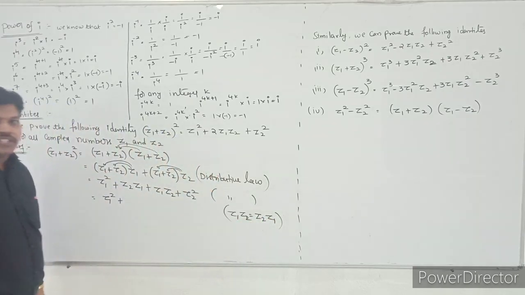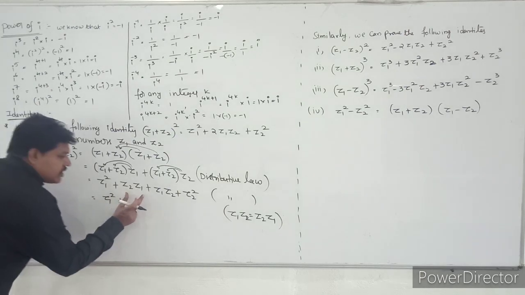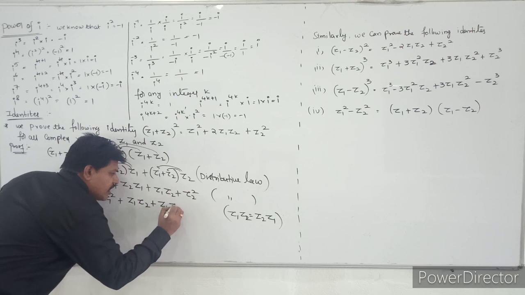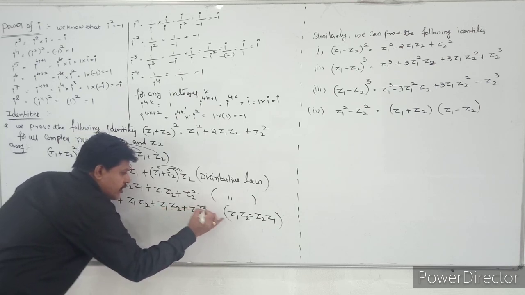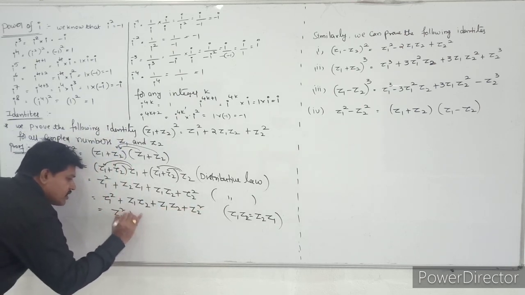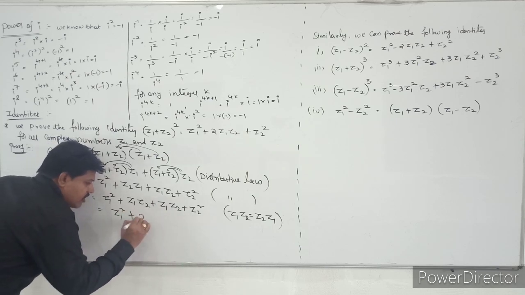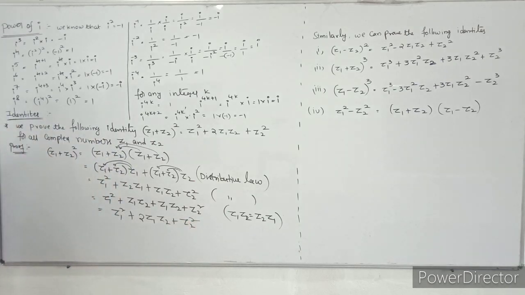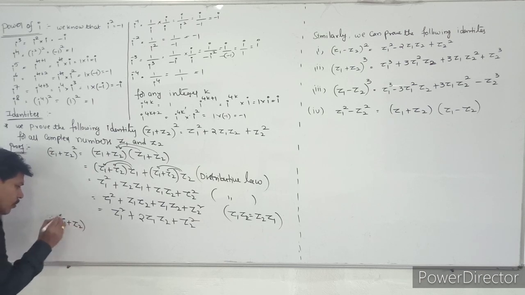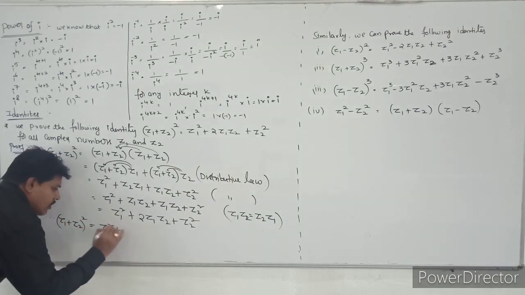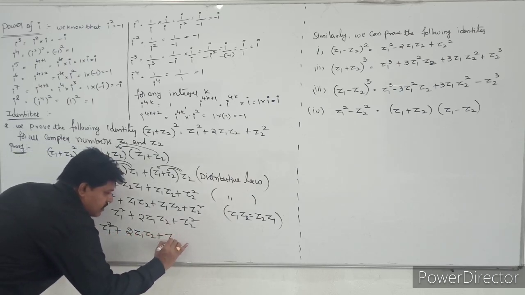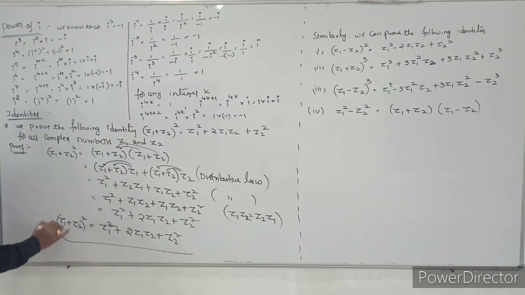I have already given this condition, so we will use that condition here. z2 into z1 can be written as z1 z2, so z1 square plus z1 z2 plus z1 z2 plus z2 whole square. That is nothing but z1 square plus 2 z1 z2 plus z2 whole square. Therefore z1 plus z2 whole square can be written as z1 square plus 2 z1 z2 plus z2 square.